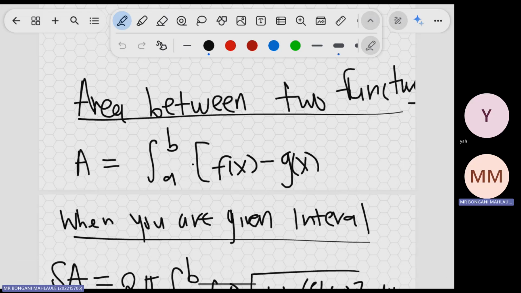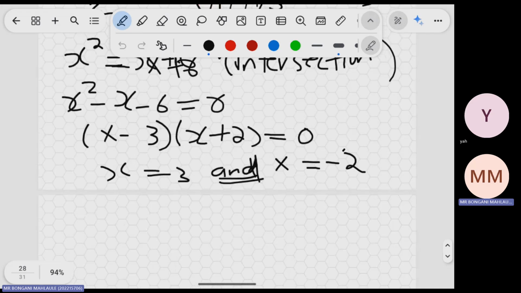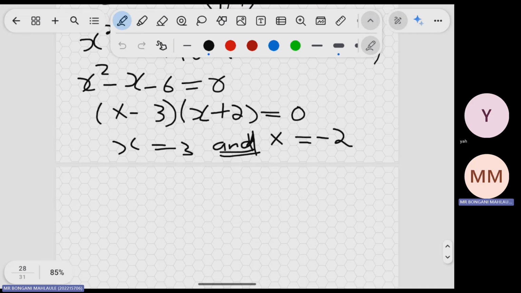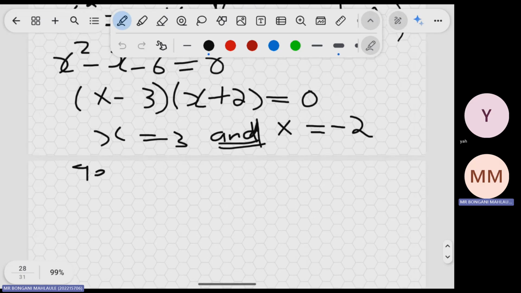Generally, it will be the upper minus the lower. In order for you to know which one is above, you'll just pick a test value.